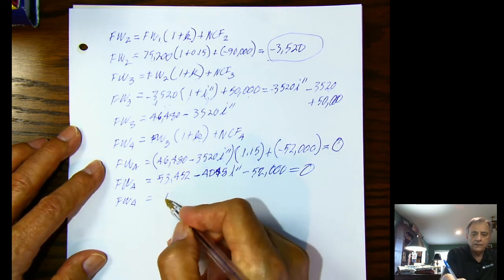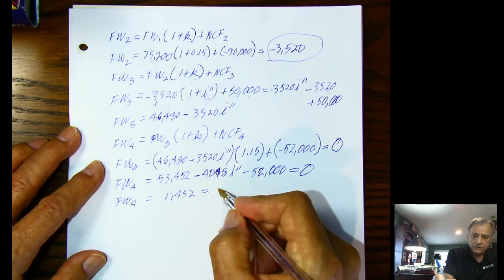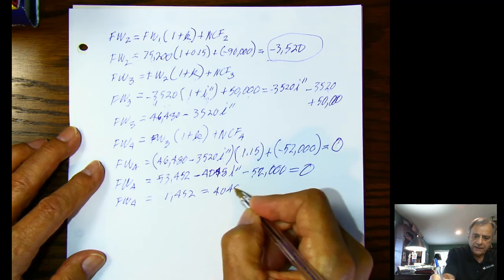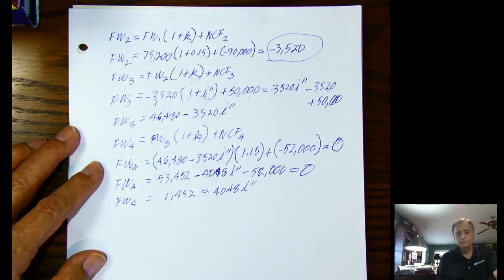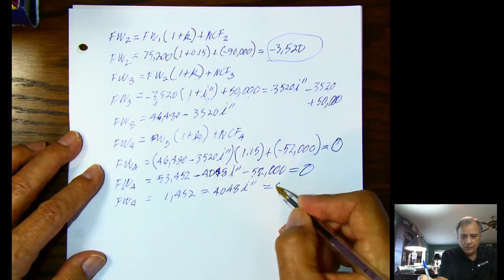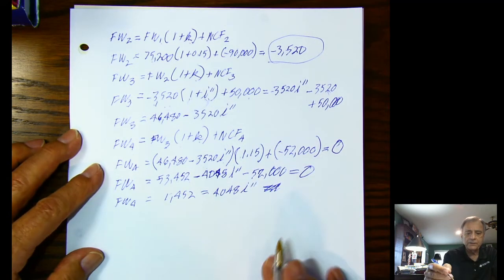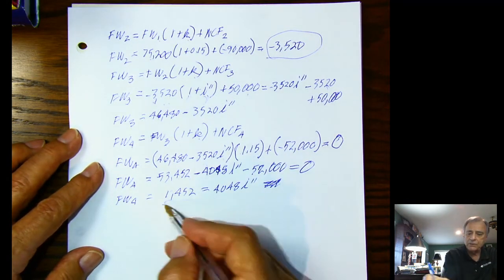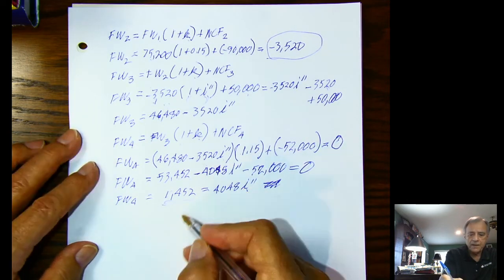We'll get 1,452 on the left side. We'll get plus 4,048 i double prime on the right hand side, and set that equal to 0. Well, we've already moved this over to the other side, so we don't need to do that. We just set these two equal to one another, and we solve this for i double prime.